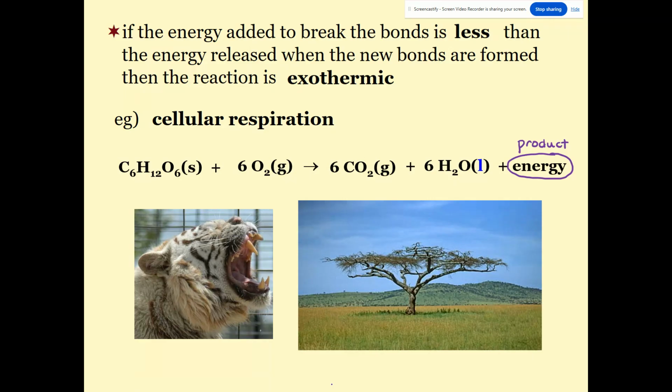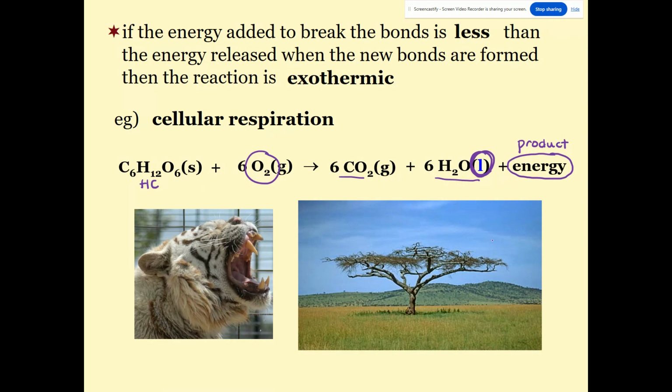Now, you might also notice that my glucose is a hydrocarbon, and it's reacting with oxygen to produce carbon dioxide and water. That is a hydrocarbon combustion, but notice how this is highlighted in blue. In cellular respiration, the water produced is liquid, not vapor.